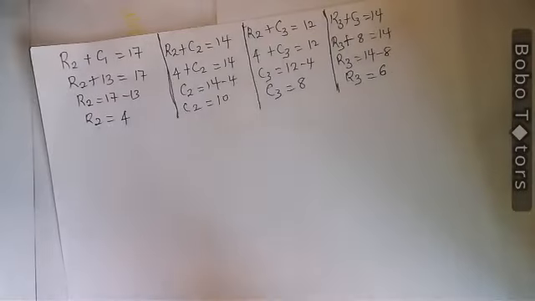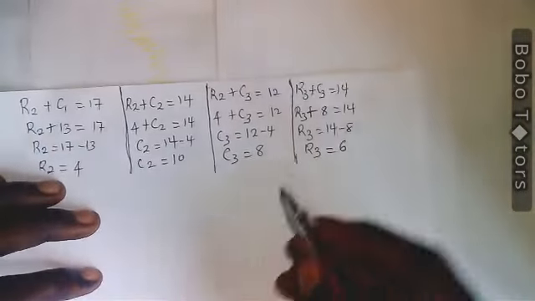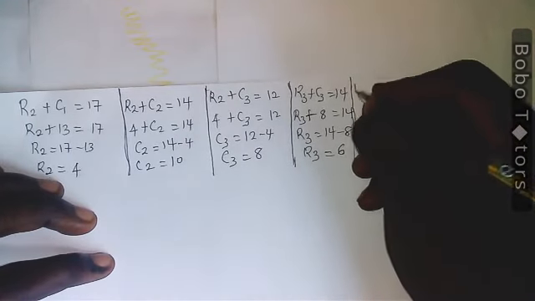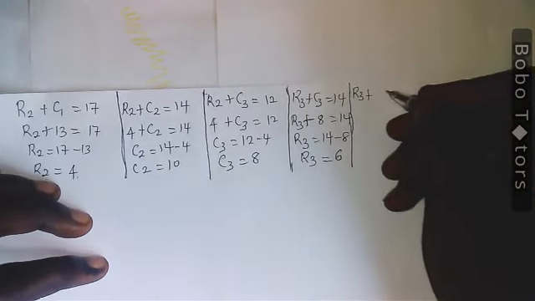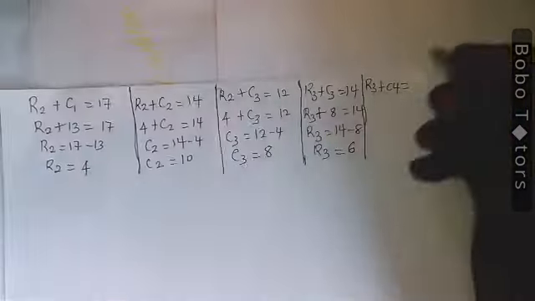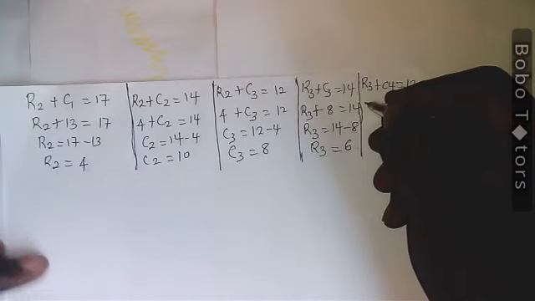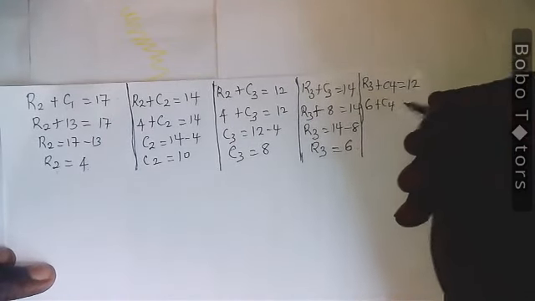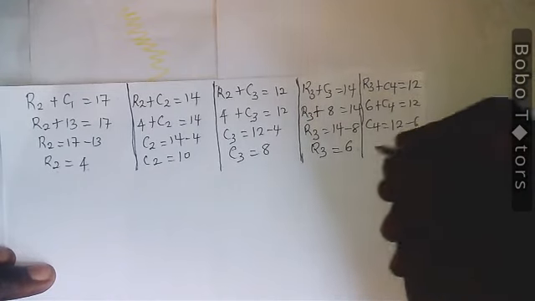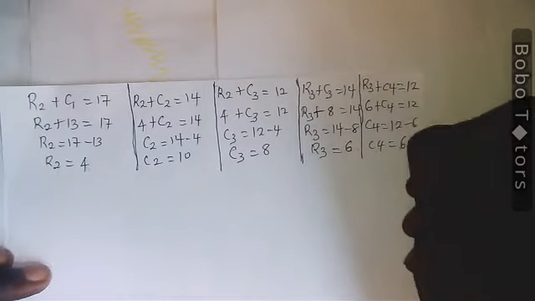Now the next one, we have row 3 column 4. Row 3 plus column 4 is equal to 12. So with row 3 being 6, plus column 4 is equal to 12. Column 4 is equal to 12 minus 6. Column 4 is equal to 6.